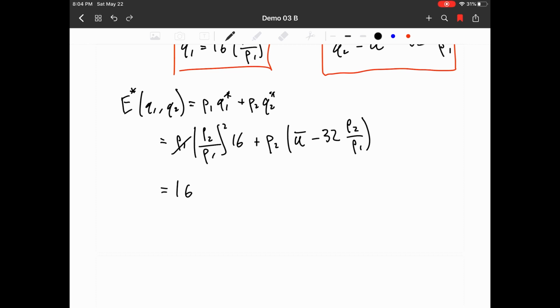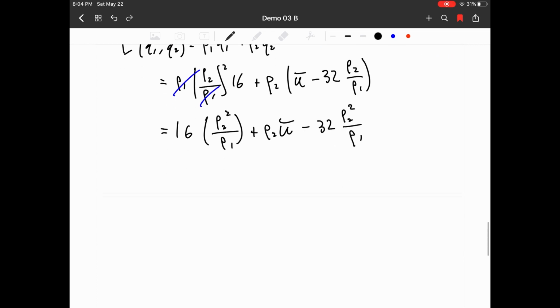These are going to cancel, and that's going to leave us with 16 p2 squared over p1 plus p2 u bar minus 32 p2 squared over p1.